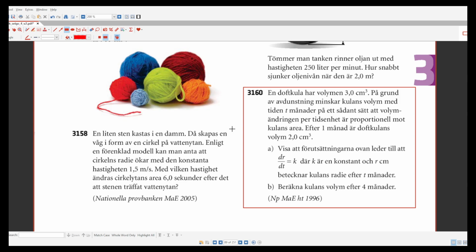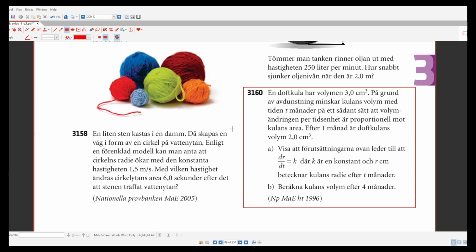But one thing that is very interesting is that the rate at which volume changes per unit of time is proportional to the candle's area. So here, the candle is just a sphere for me. You need to be able to interpret this phrase and then solve 2 problems.